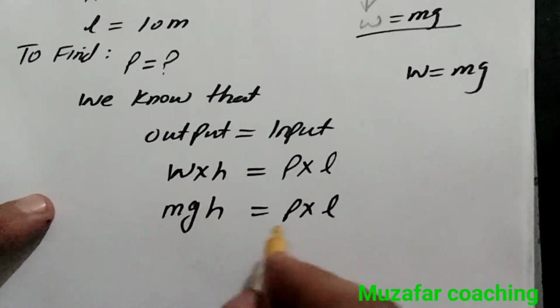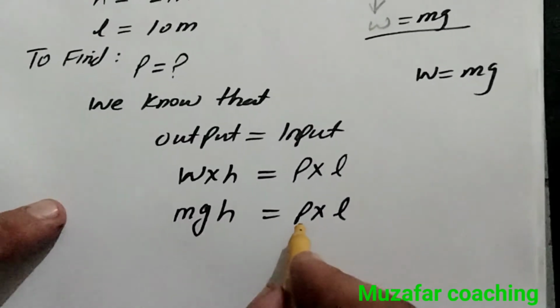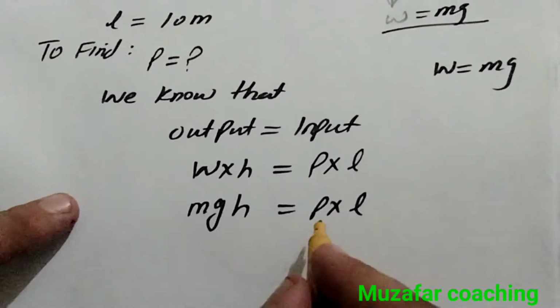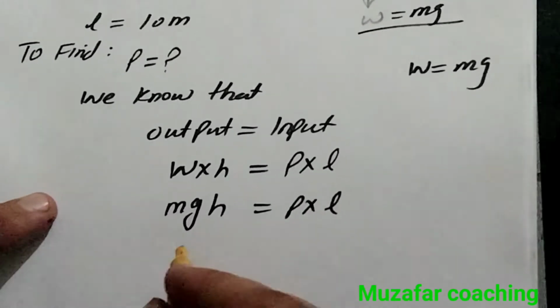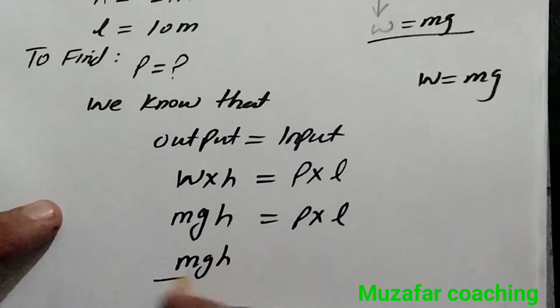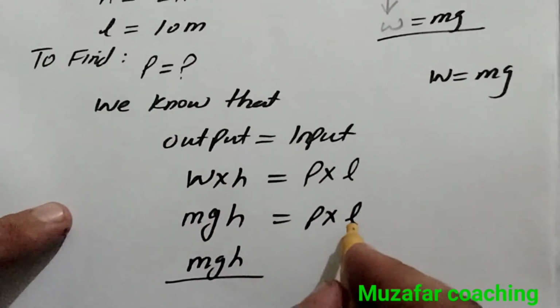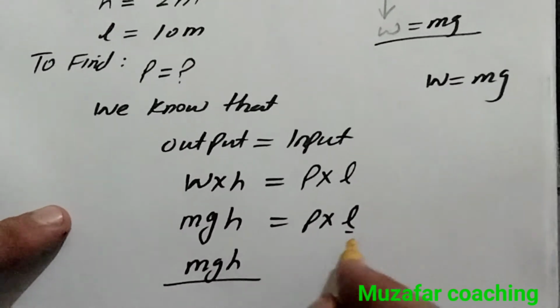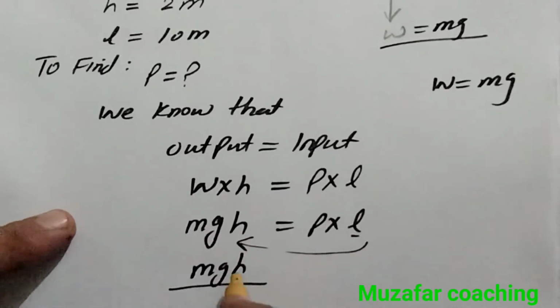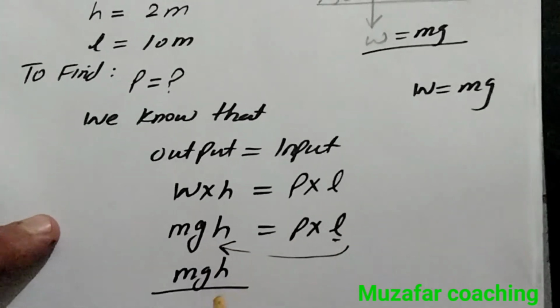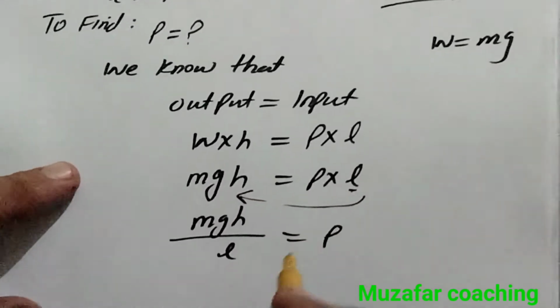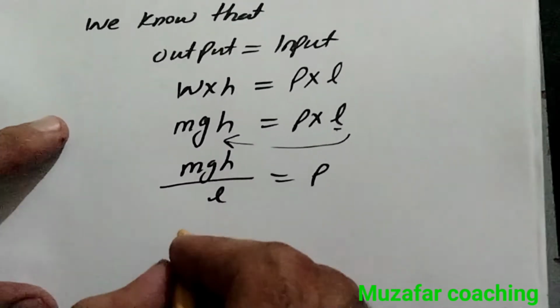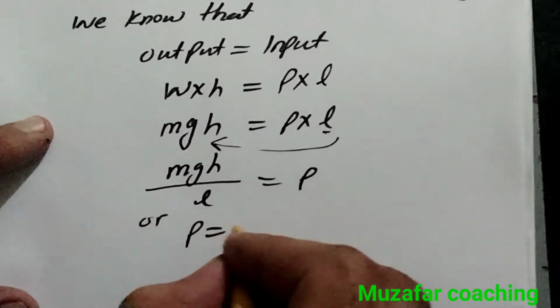So when we put the value of W here, it becomes mgh is equal to P multiplied by L. Now rearranging for P, we keep P on the right hand side. When L comes to this side, it will divide, since it is multiplying here. We can also write it this way.